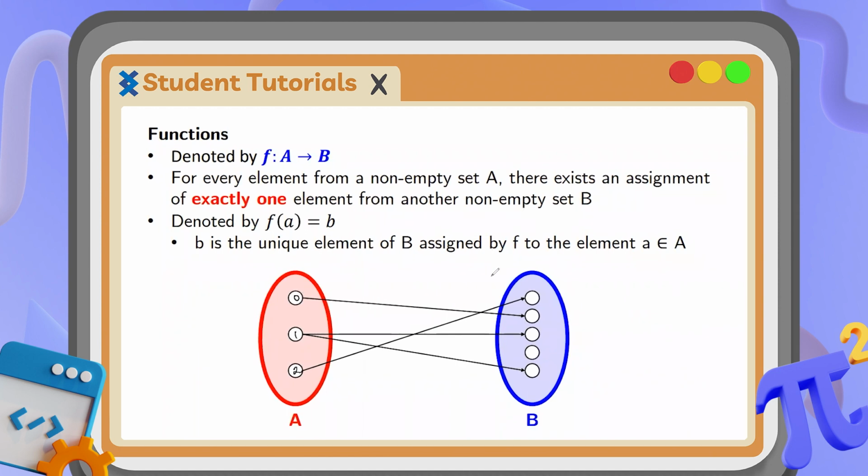Element 0 maps to one output in B, element 1 maps to more than one output in B, and element 2 maps to only one output in B. Because element 1 maps to two outputs in B, let's arbitrarily call them B1 and B2, which are this one and this one, with these relationships here, we can see that this one is not a function.